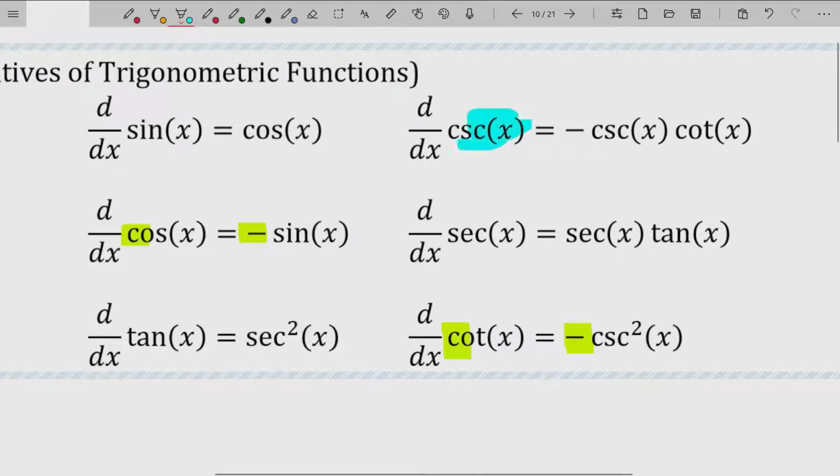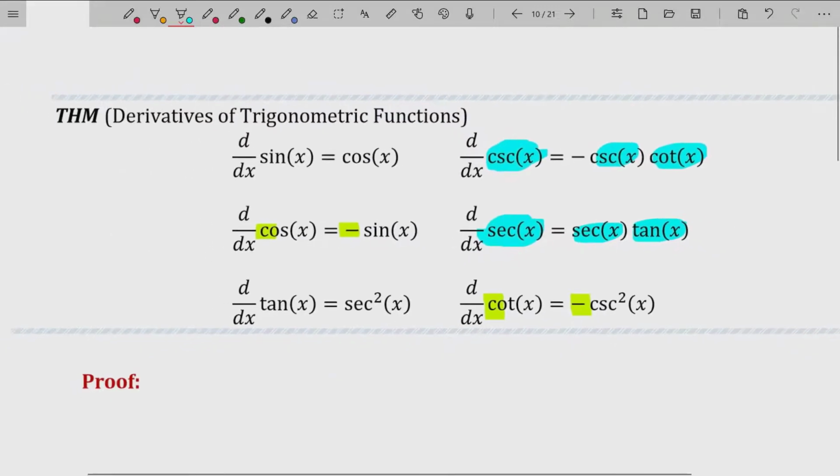The derivatives of these two reciprocal functions, the cosecant and the secant, involve themselves. That's important. And then they involve a similar style of trigonometric function. When I say similar style, the derivative of the cosecant has itself, the cosecant, and a cotangent. The derivative of the secant has itself, the secant, and a non-co function, which is the tangent. So there are a lot of different ways you can pull this together.